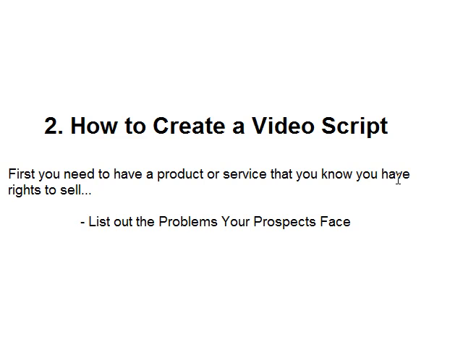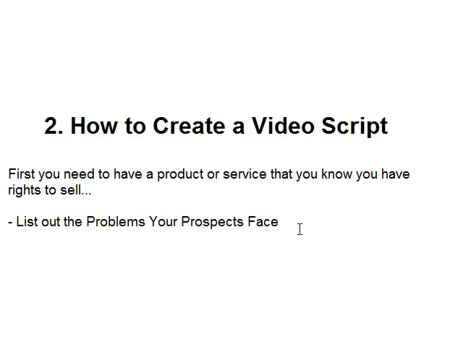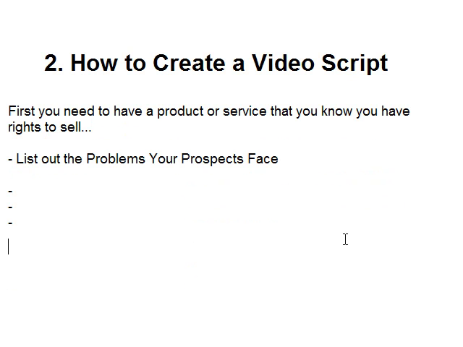So the first thing, list out the problems that your prospects face. So you might want to list out 3 problems that your prospects face. Then you want to turn those problems into questions.